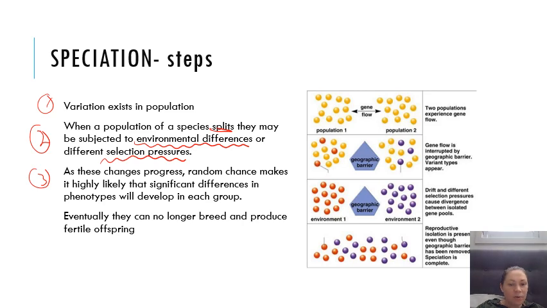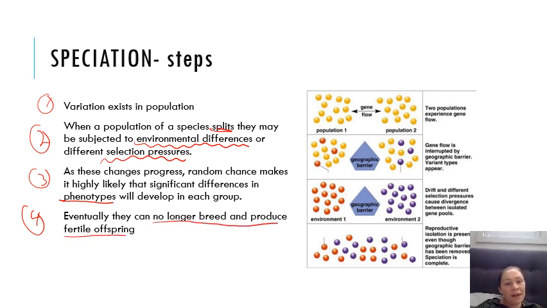As these changes progress, random chance makes it highly likely that a significant development in phenotypes will occur in the two different groups. So there'll be phenotypic change. And eventually the two populations can no longer breed and produce fertile offspring.